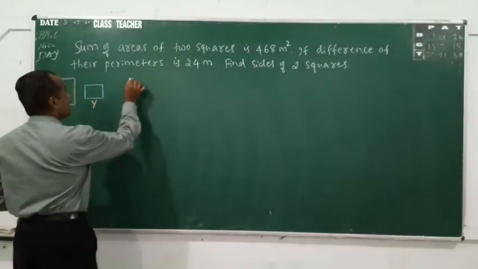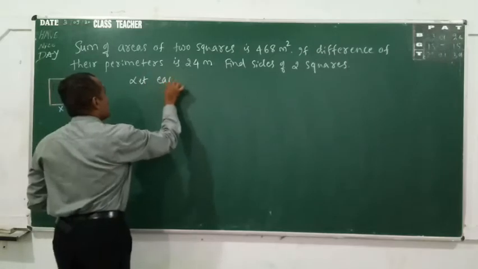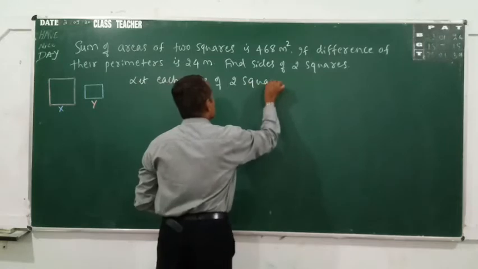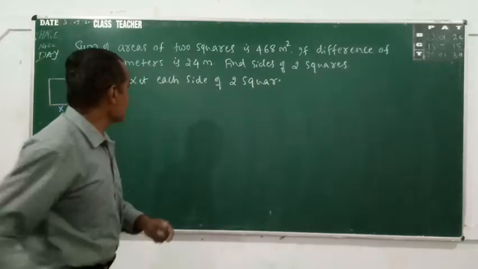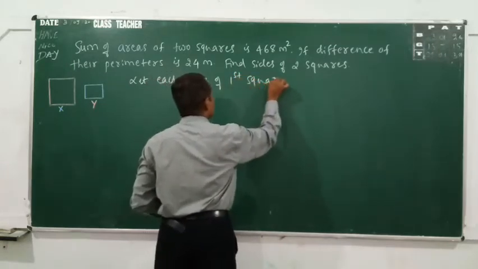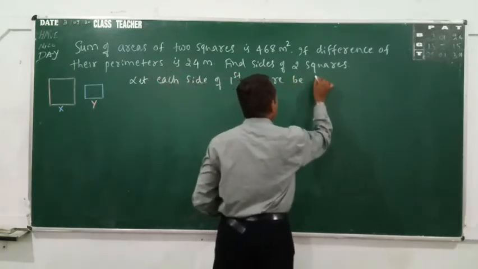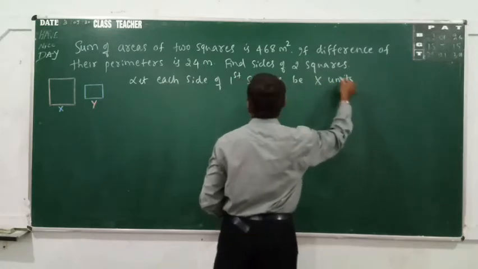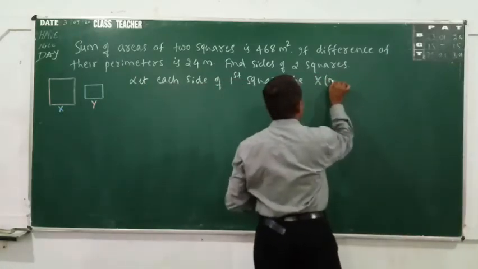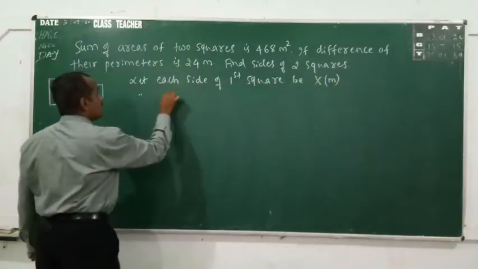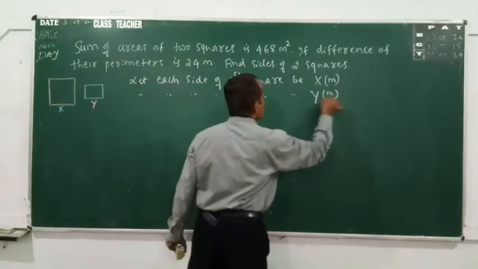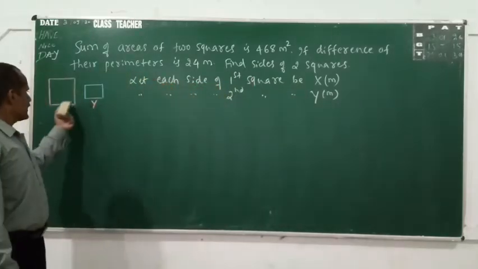I will write: let each side of the first square be x meters, they have given it as meters, and let each side of the second square be y meters. Okay. I have taken them as x and y.